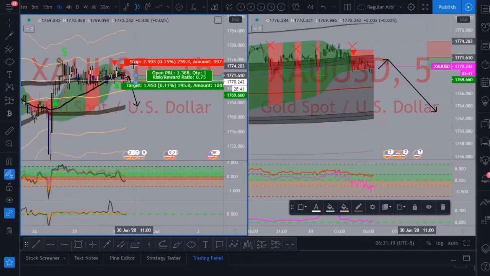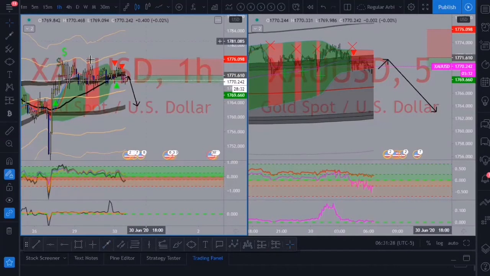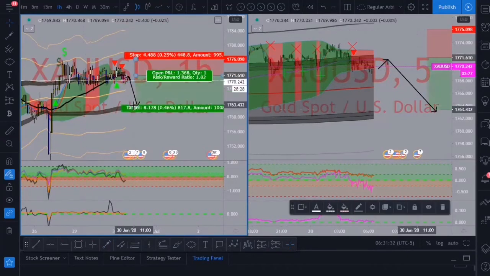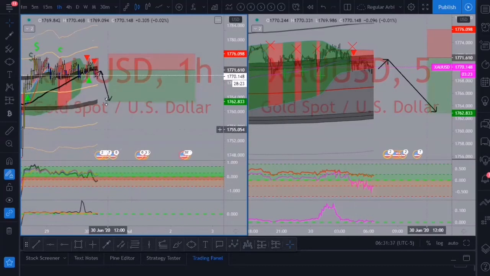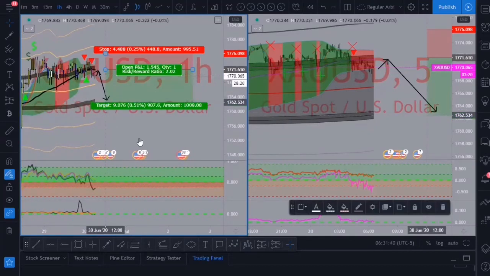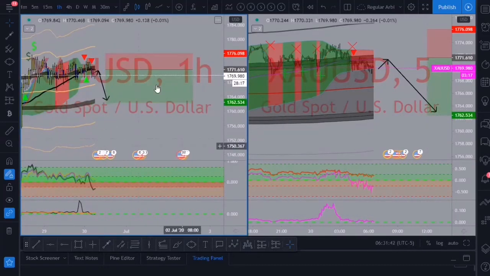Personally speaking, I would put it, that's high though, but it's the safest way to put it over this wick that was previously there. That would be the safer way for gold. And so it's a 1 to 2 risk to reward ratio basically. But this is the trade, yeah, a 1 to 2 risk to reward ratio for sure.